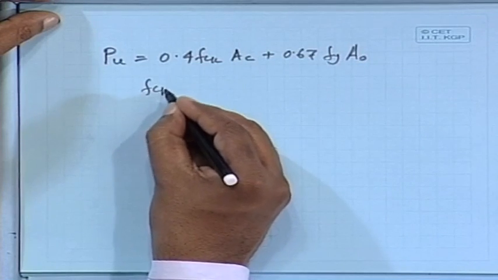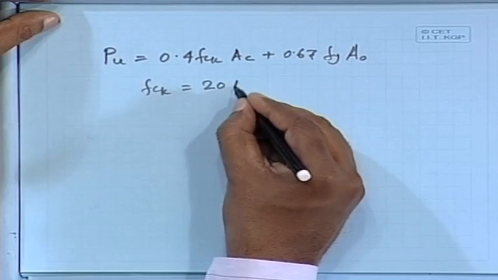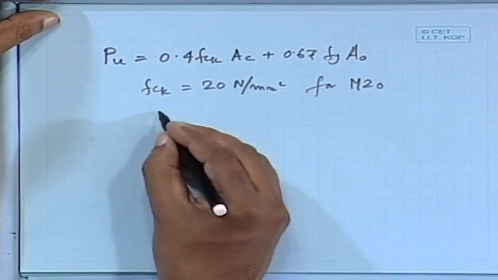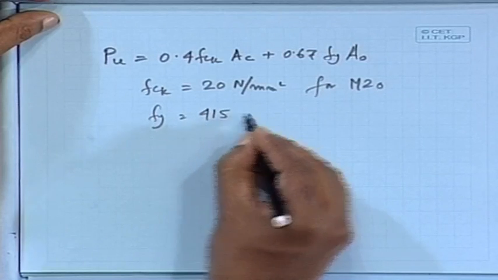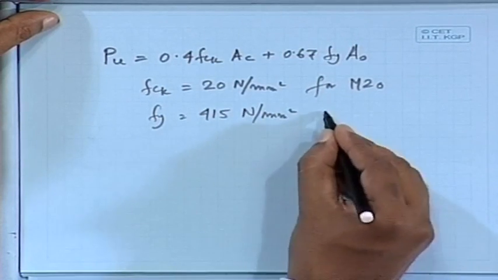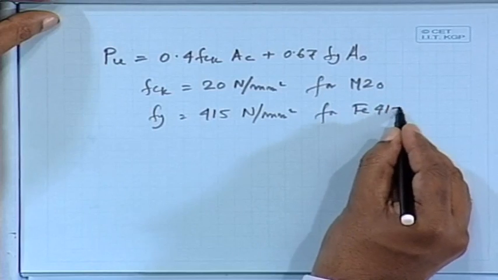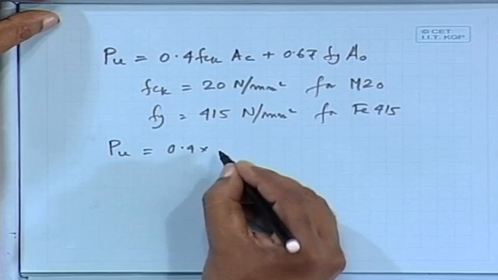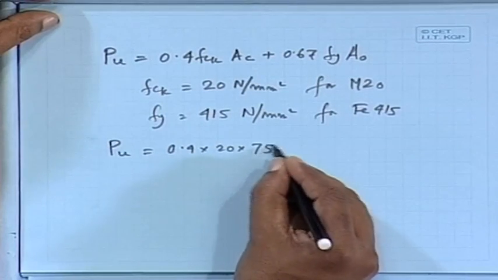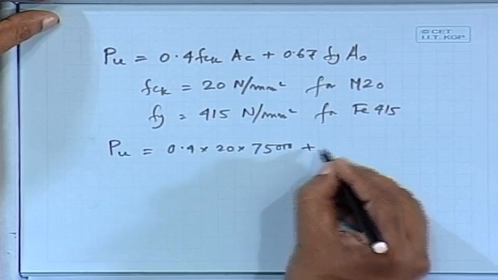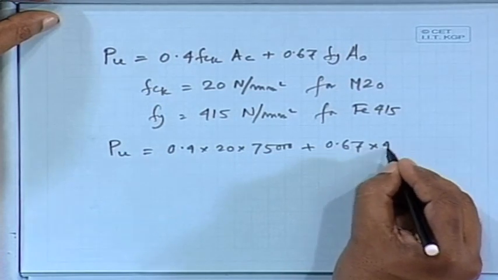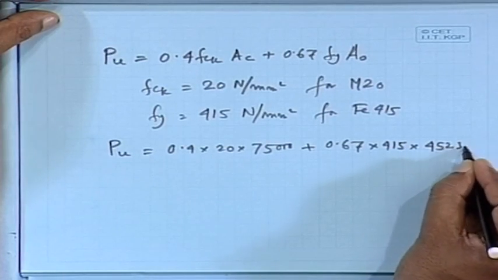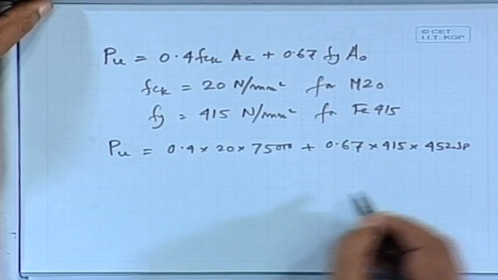Let us take FCK equal to 20, M20, and Fy 415 Newton per square millimeter for Fe 415. So, Pu equal to 0.4 times 20 times 75,000, plus 0.67 times 415 times 452.